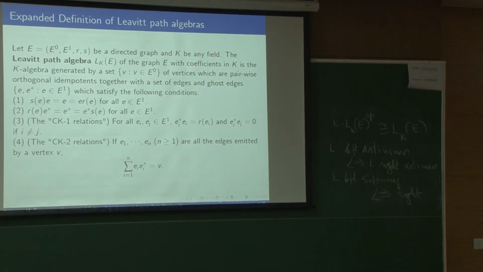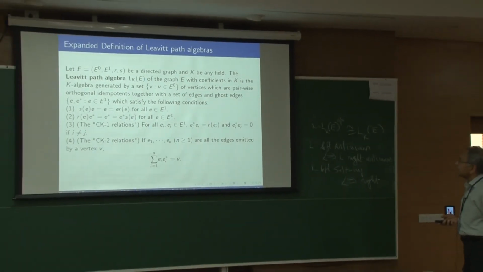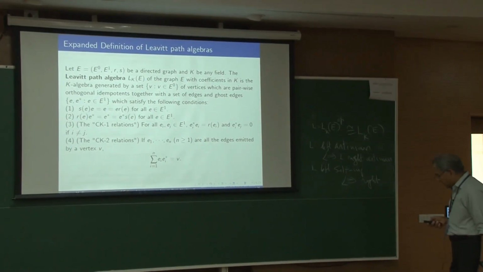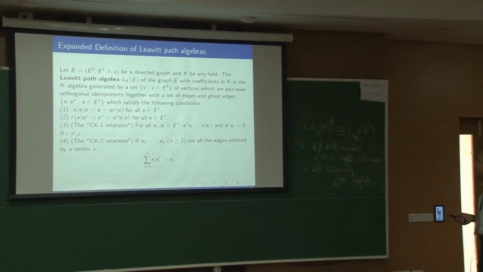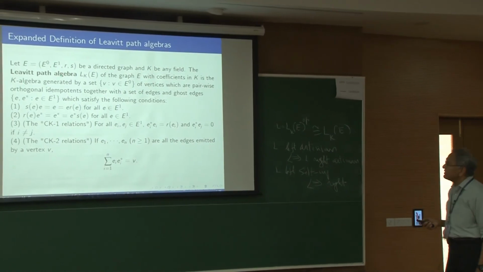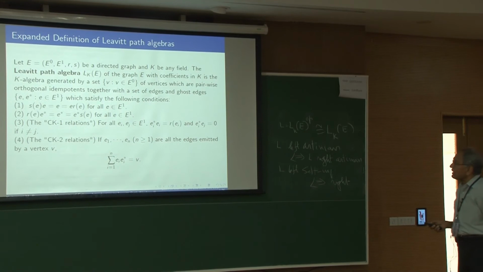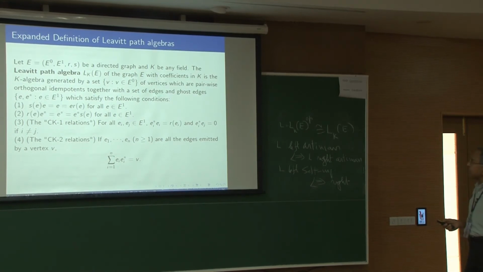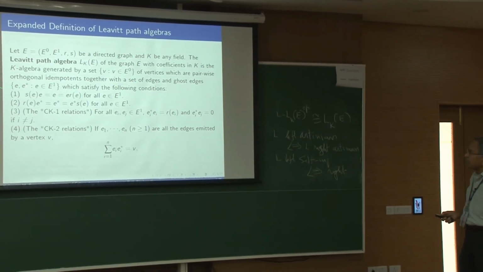Just a quick reminder of what we gave. So the Leavitt path algebra of a graph. If E is a graph consisting of the set of vertices denoted by E upper 0, edges E upper 1, then the Leavitt path algebra of the graph E with coefficients in K is the algebra generated by the set of vertices, which will be pairwise orthogonal idempotents, and the set of edges and ghost edges, which we denote by e and e star for each edge e, and they satisfy the following conditions.